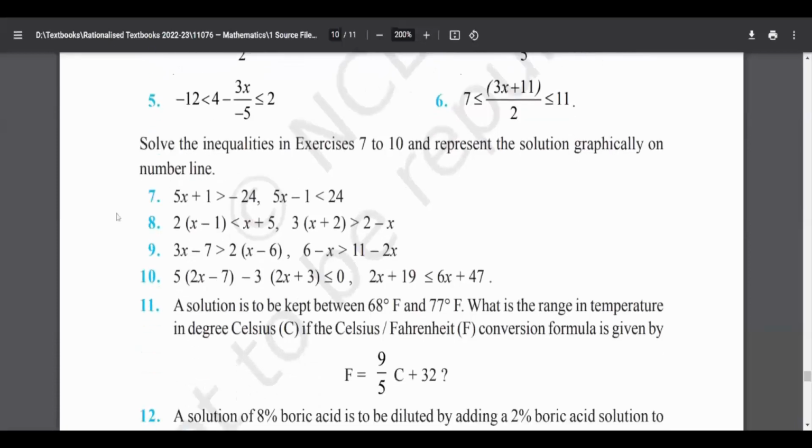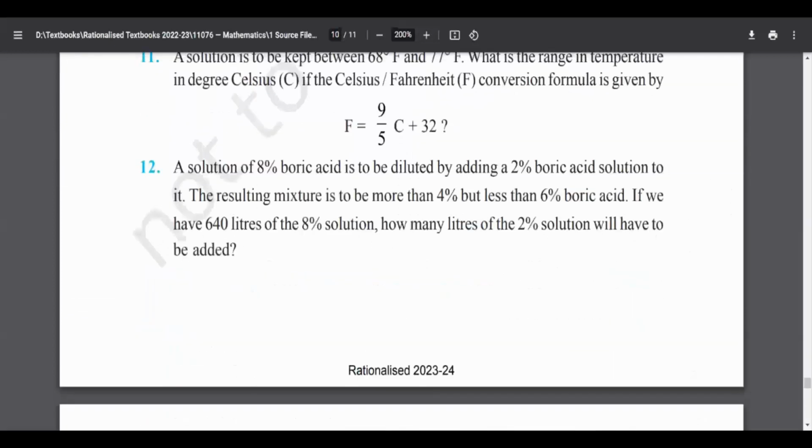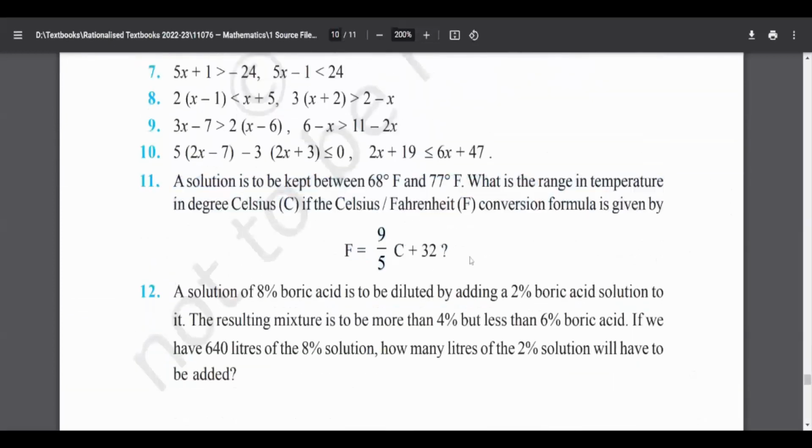Then for question numbers 7 to 10, we solved the same kind of inequalities and represented them on the number line. Then questions 11, 12, 13, 14 are word problems. Here first we have to understand the question carefully and then form the inequality. Once the inequality is formed, solving is very easy, as we know how to solve.